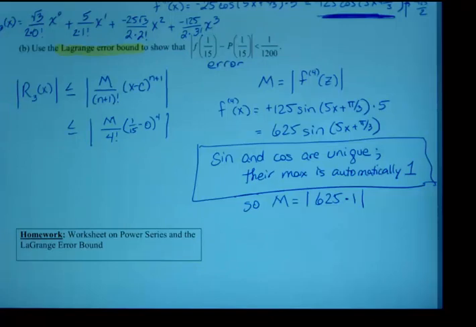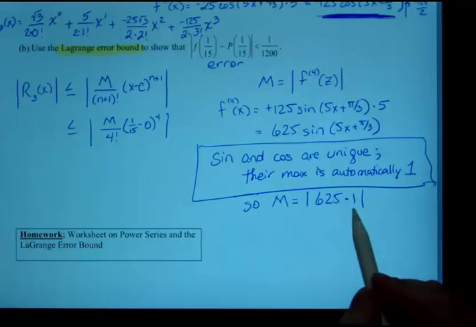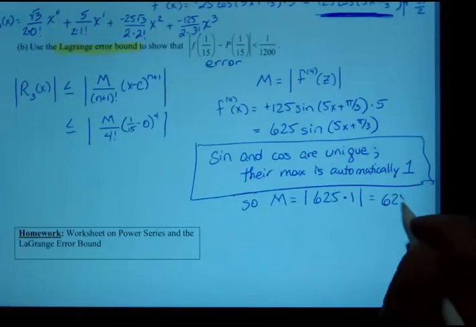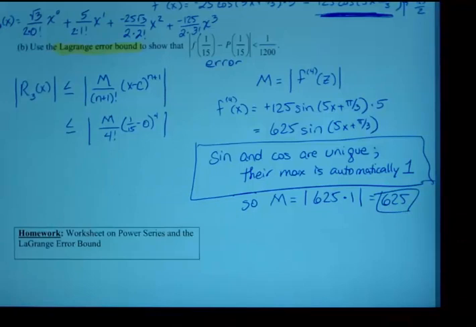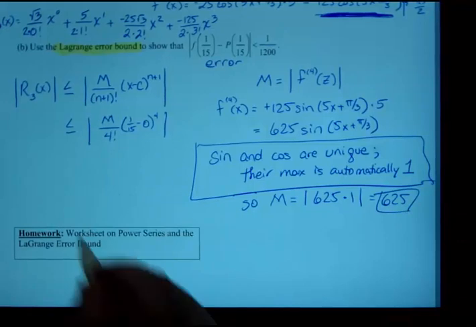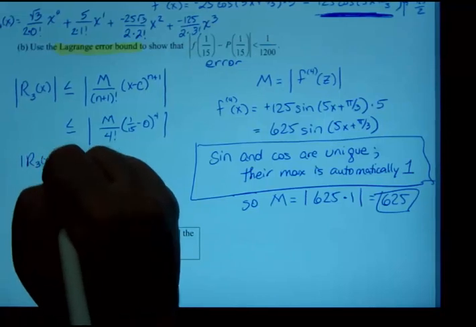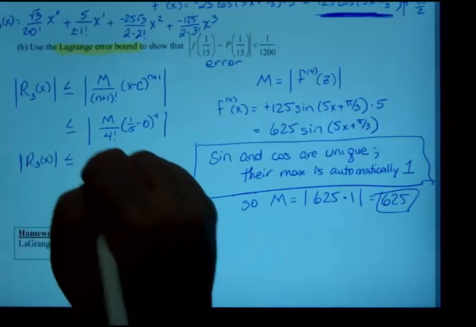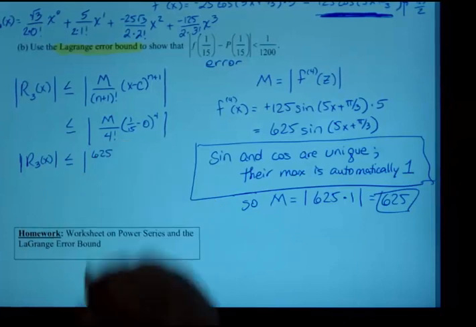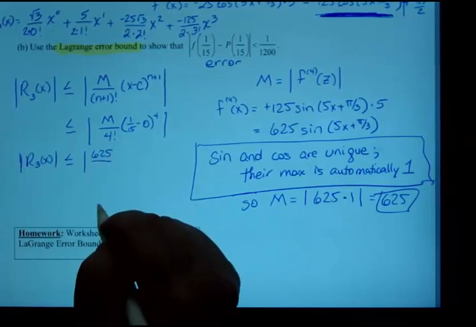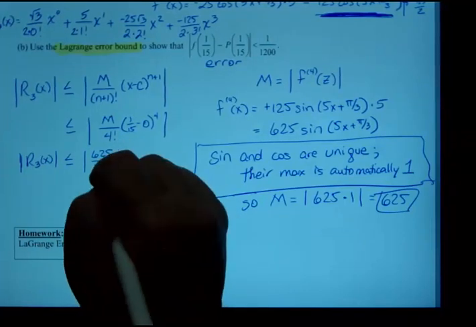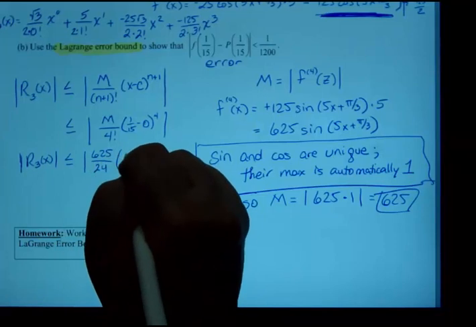Okay? So the max is going to be 625, and now I go back and plug 625 in for m. So absolute value of R3 of x is less than or equal to 625 over, what's 4 factorial? 24, 1/15 to the 4th power.